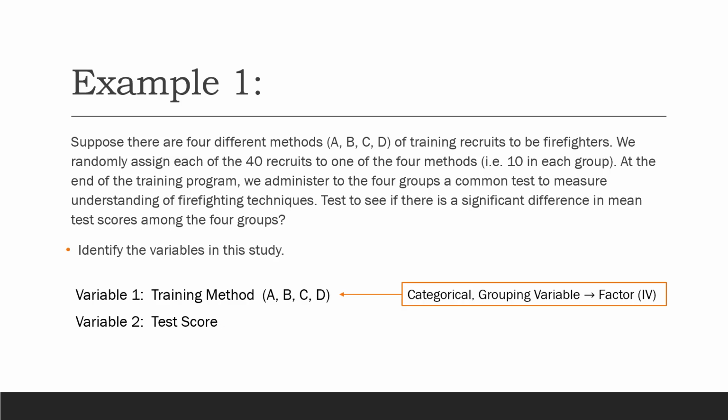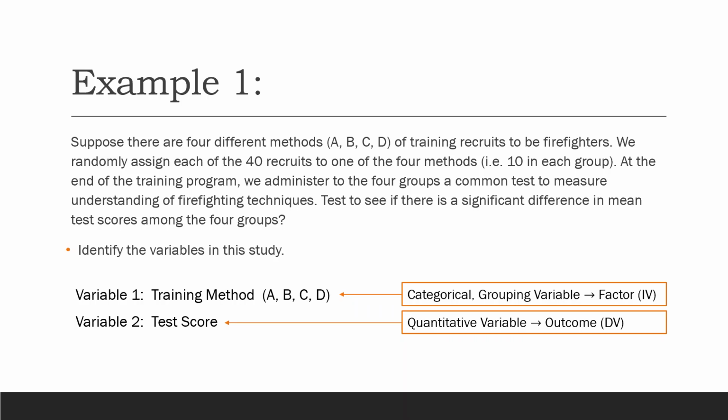That's our grouping categorical variable. Our test score, of course, is a quantitative variable, and it's sometimes called the dependent variable in experimental research. You can also call it the outcome, right? That's the stuff that we're going to be calculating the population means for. That's our outcomes of that study.